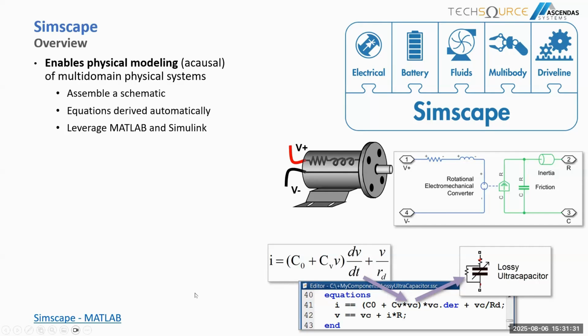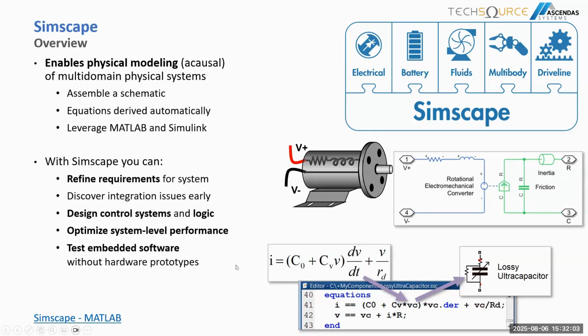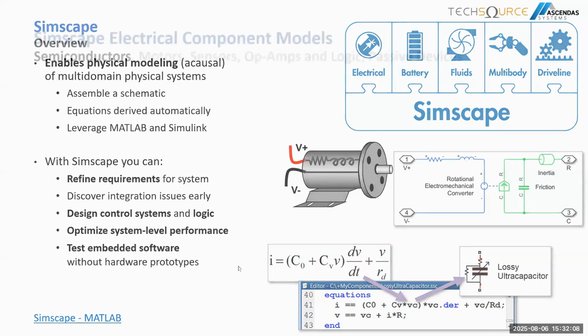We are also able to deploy these models in simulation environments such as hardware in the loop, because Simscape supports C code generation. So this whole model can be code generated and deployed to real-time systems, where you can simulate your control systems within a real-time application. These are some of the things you can do with Simscape.